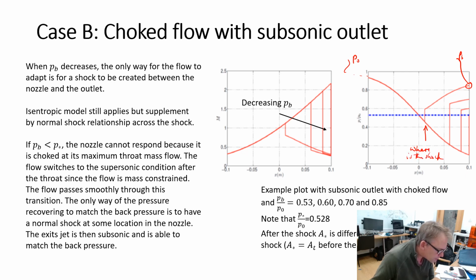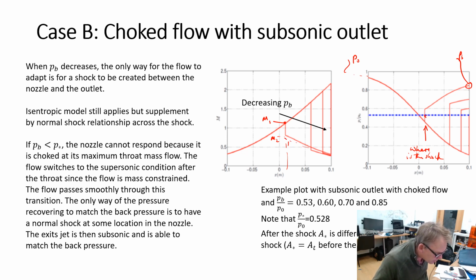And so what you typically do is guess where a shock might occur. You follow this curve down, you guess it occurs here. You determine your Mach number before the shock. You can use your shock analysis for the Mach number afterwards. You know your Mach number, then you know the pressure, and then you can follow that through.